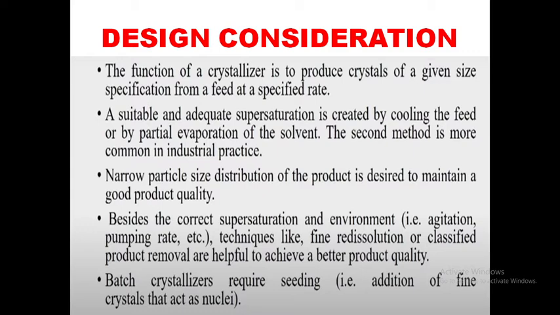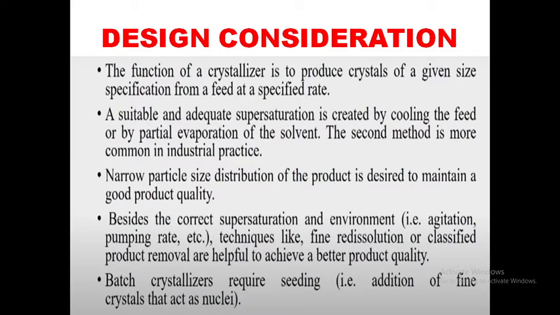Batch crystallizer requires seeding, that is addition of fine crystals that act as nuclei. Seeding is one of the most straightforward methods used to control supersaturation. During seeding, a small mass of crystals is added to a supersaturated solution in order to start the crystallization at the desired supersaturation level.